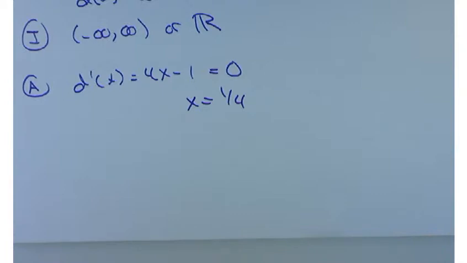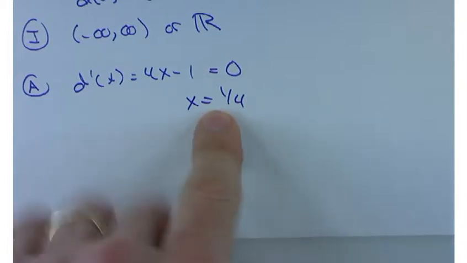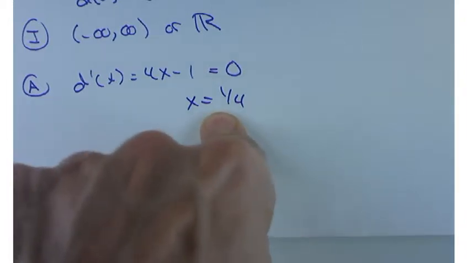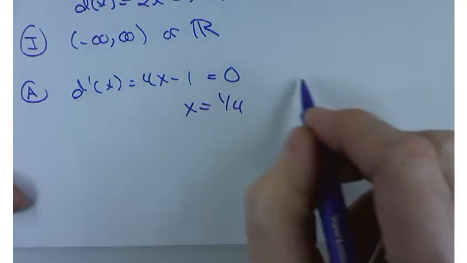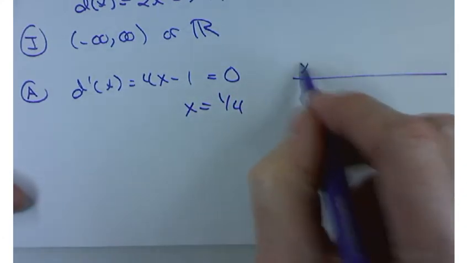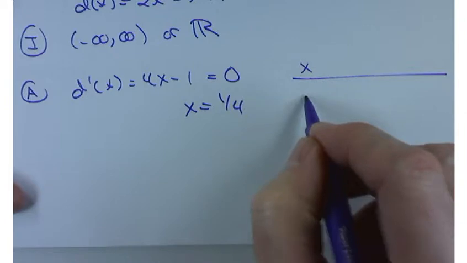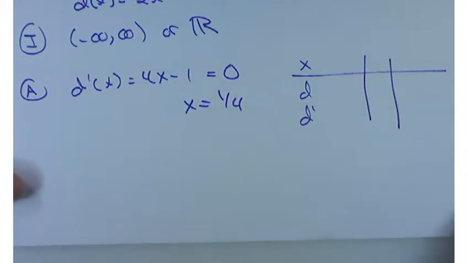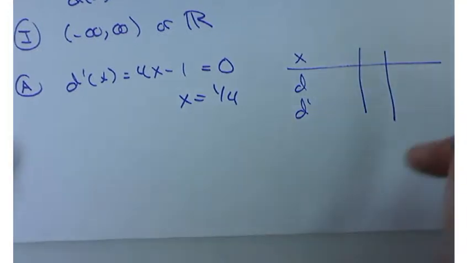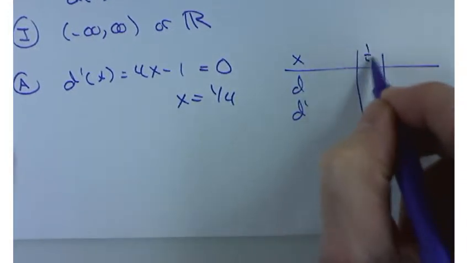Now, a good thing to determine is that 1/4, is that actually a minimum? Because sometimes these critical points can be maximums as well, right? So there's two ways that we can show that this is a minimum. One of them is with the first derivative test, x, d, and d prime. And this is actually going to be harder than the second derivative test, but at 1/4 it's 0.